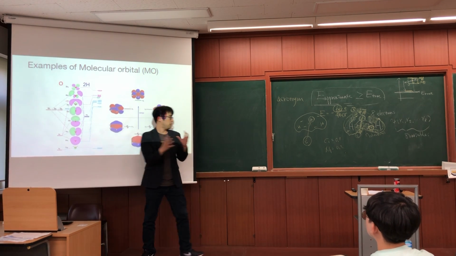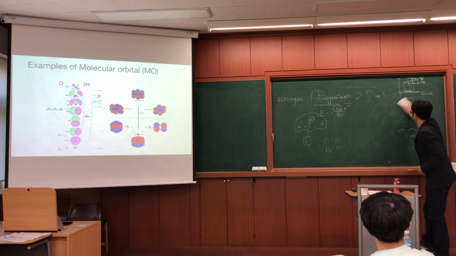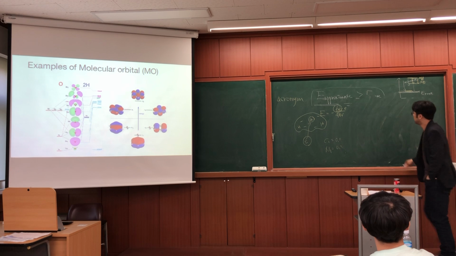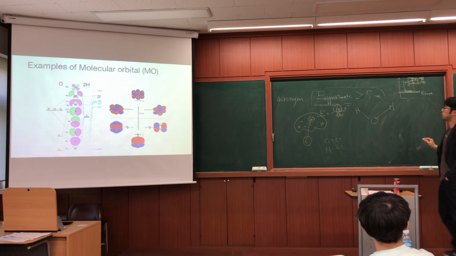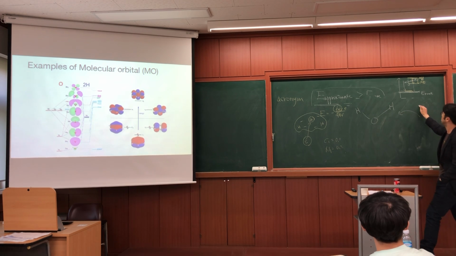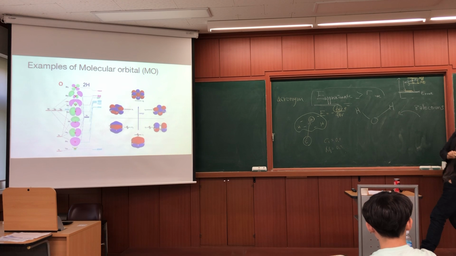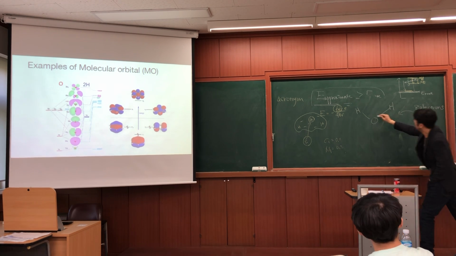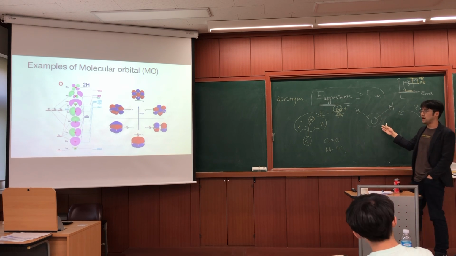So it means that when there's a water molecule, let's assume that there's a water molecule and we have to put 8 electrons, right? And the lowest energy one is located here. I mean, this is natural, right?